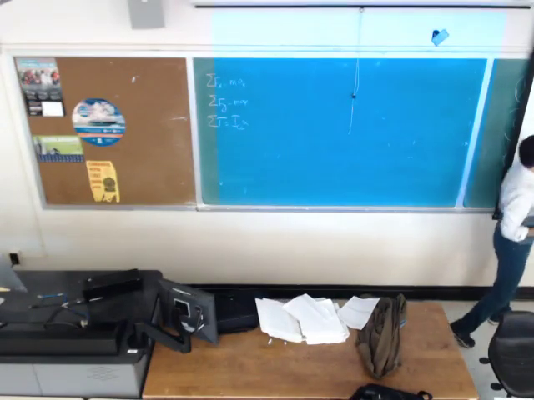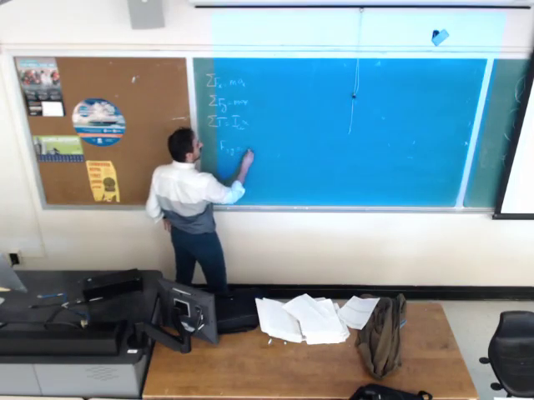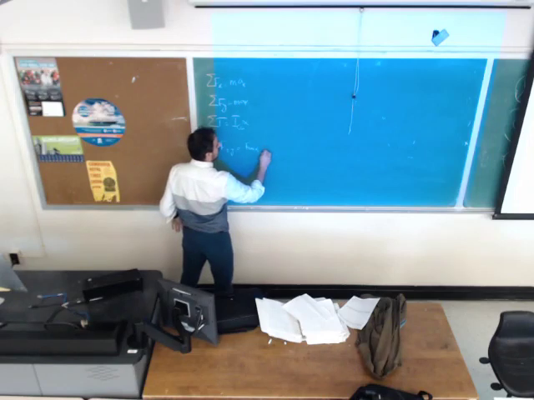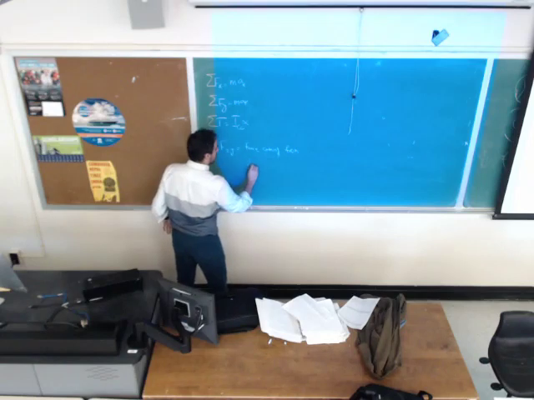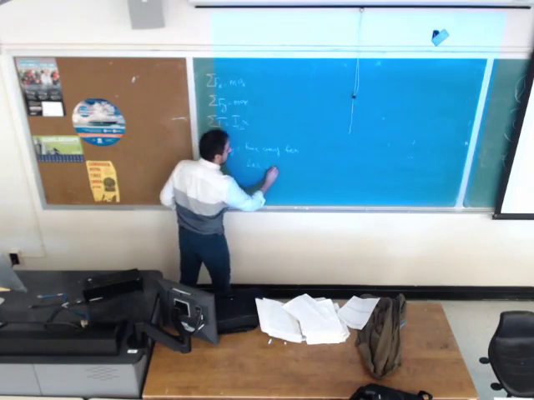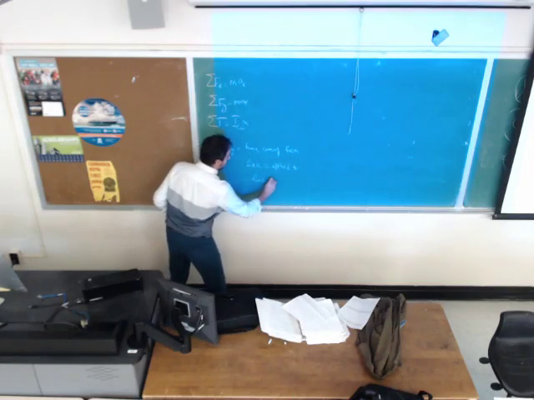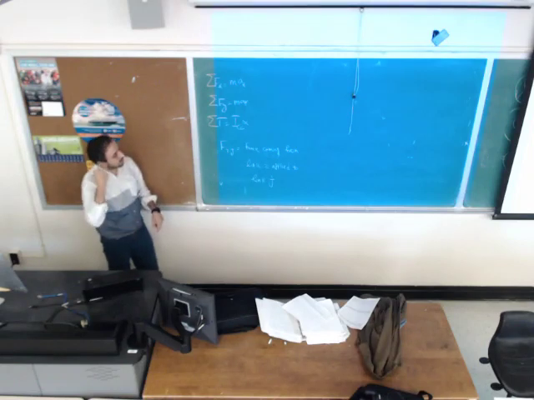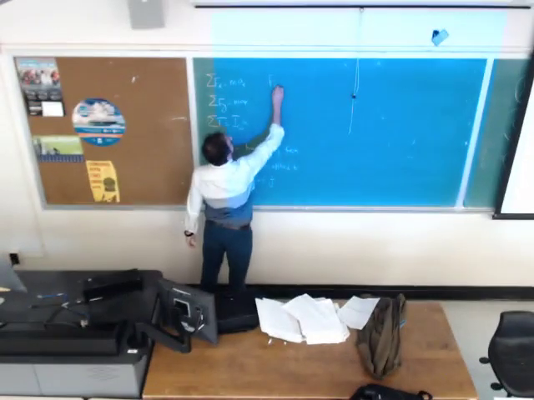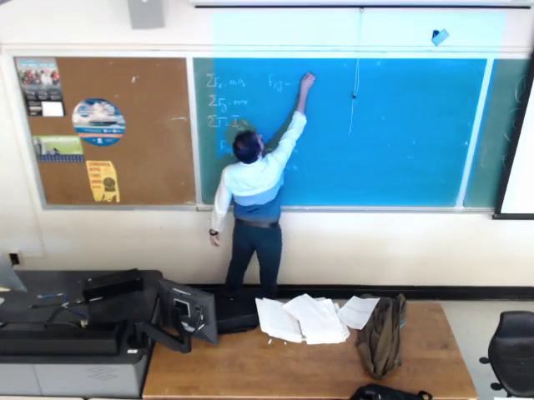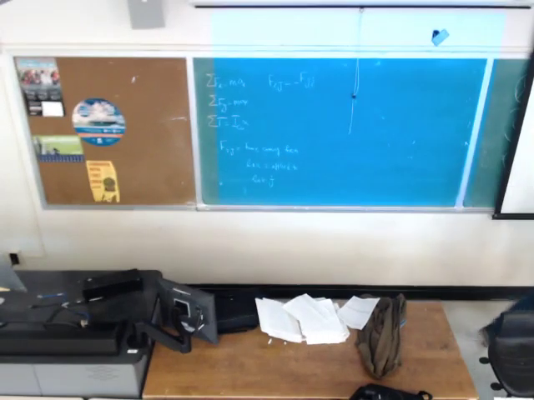These are the force conventions that we are going to use. Fij meaning force coming from link i applied to link j. Fij is equal to negative Fji because of action and reaction.